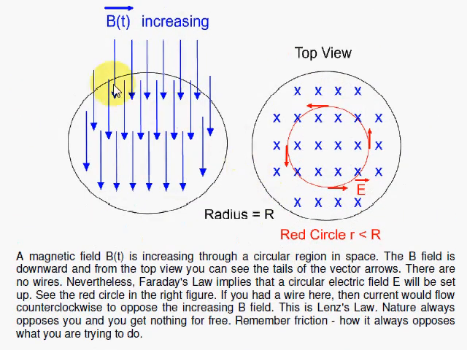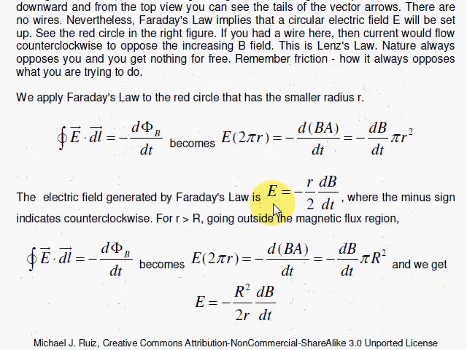So if I'm out here someplace with a big red circle, the flux is only relevant for the capital R, so it's B times pi capital R squared for the flux. And then when you do that, you have a similar result, but one where the little r, the variable, is no longer in the numerator, it's in the denominator.